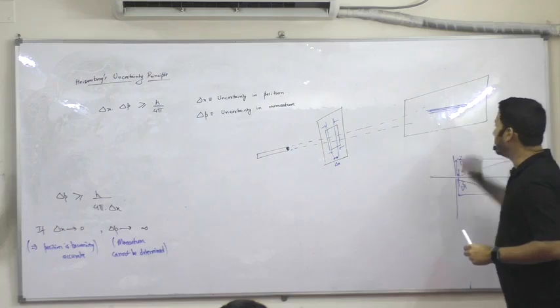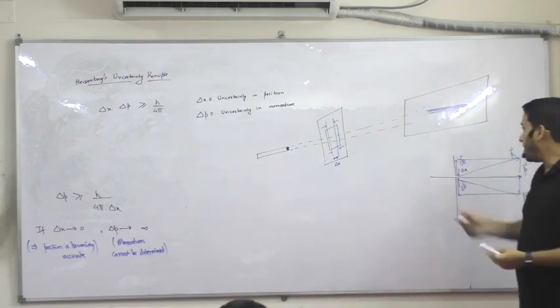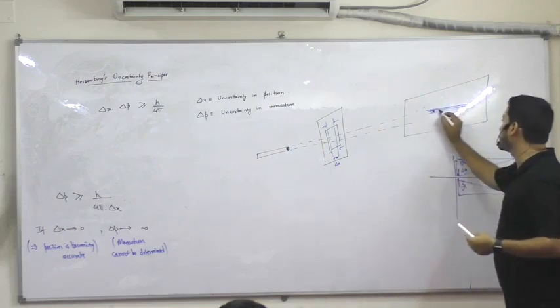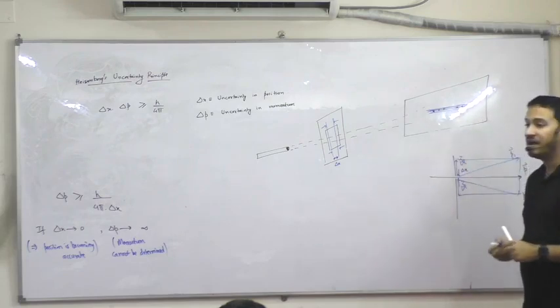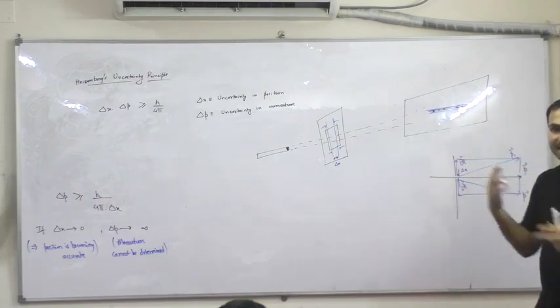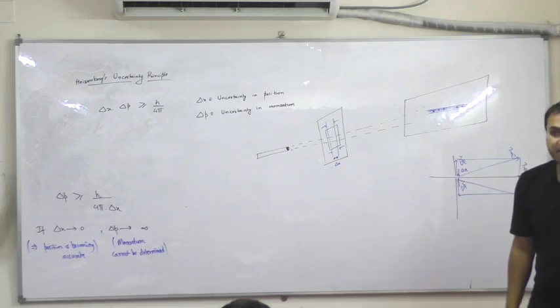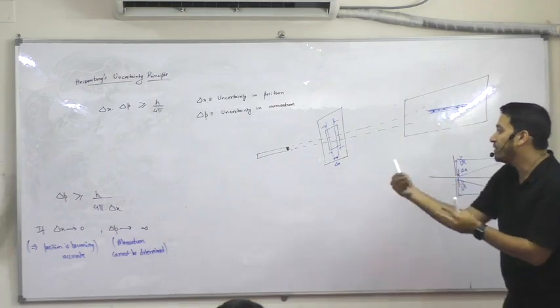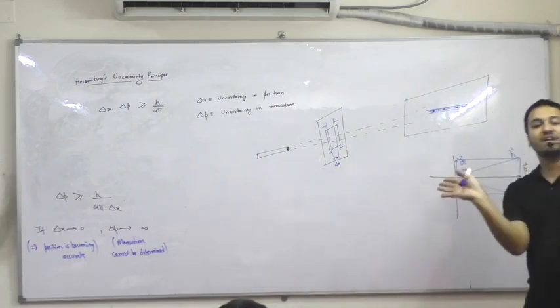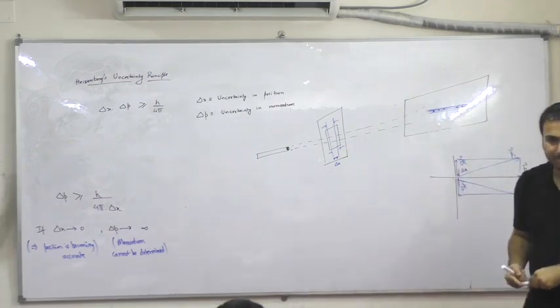Maybe that photon falls here. Then the next photon, maybe it falls here. Then the third photon falls here, fourth photon over here, fifth one over here. I don't know. This can keep changing, right? It's not as if the photon is interacting with some other photons close by, and because of that, this spreading is happening. That is also not the case, right?